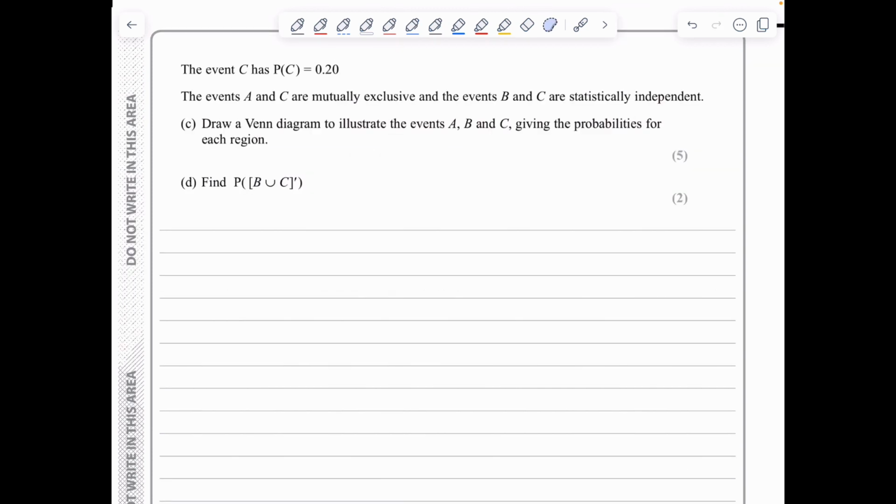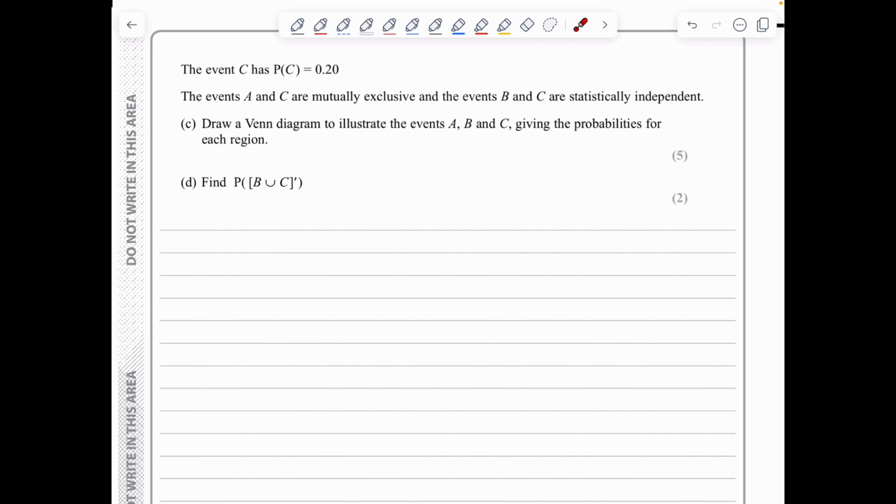We then have a third event, C, such that the probability of C is 0.2. The events A and C are mutually exclusive. This means that on the Venn diagram they would appear as disjoint circles, and the events B and C are statistically independent. And we need to draw a Venn diagram illustrating events A, B, and C together with the associated probabilities.